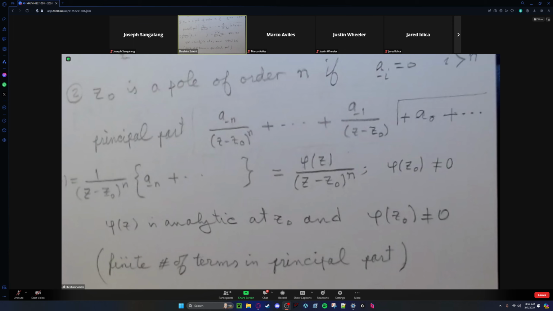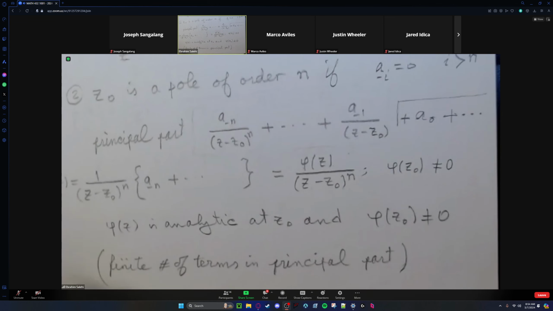Somehow, a characterization of a pole of order n. An isolated singularity is a pole of order n if and only if you can have such a thing. Okay.